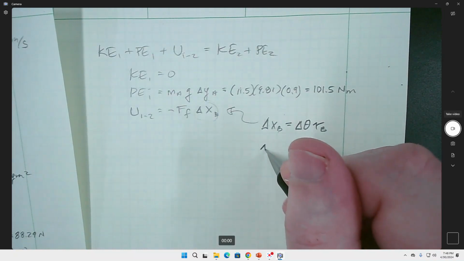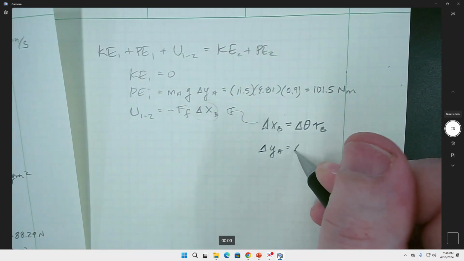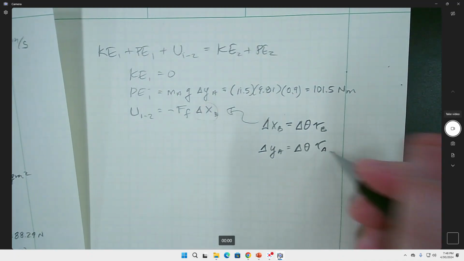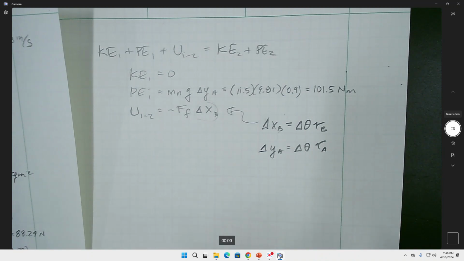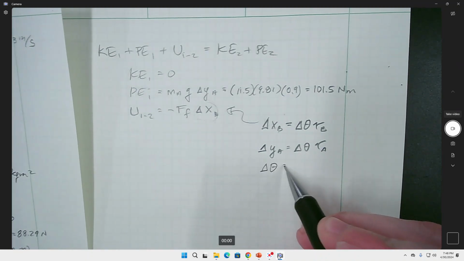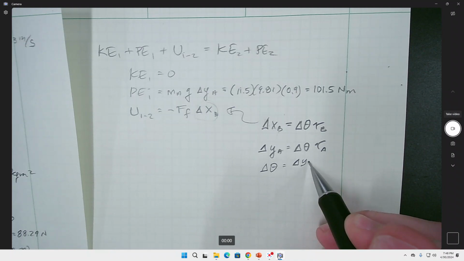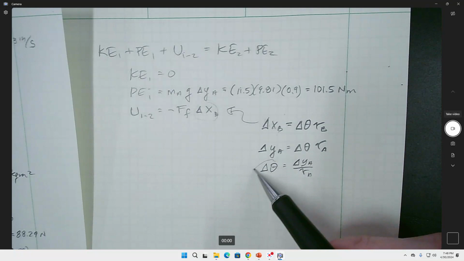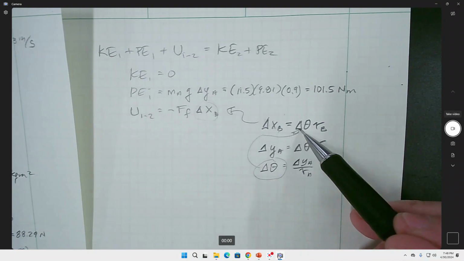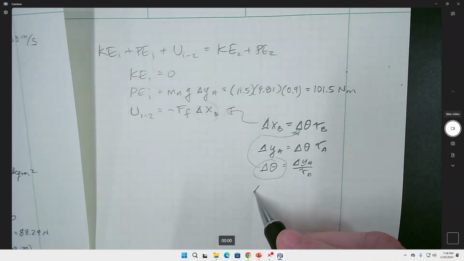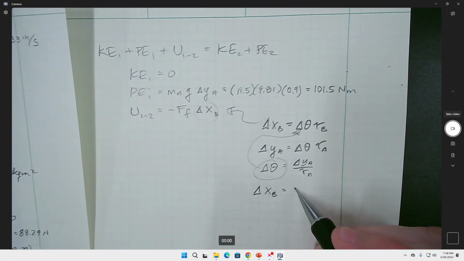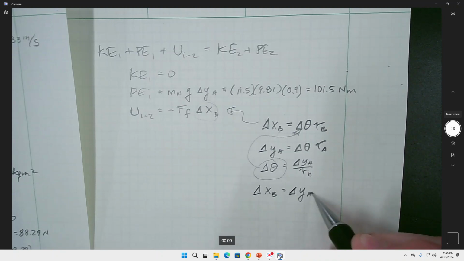Delta y_A is delta theta times R_A. So you can say that delta theta is going to be delta y_A divided by R_A. So we can plug that back up in here, and delta x_B is going to be equal to delta y_A times R_A over R_B.